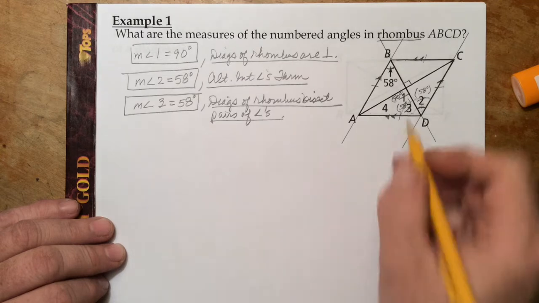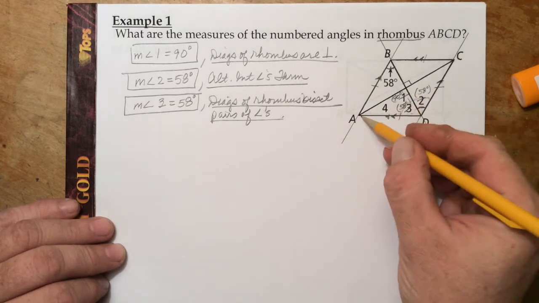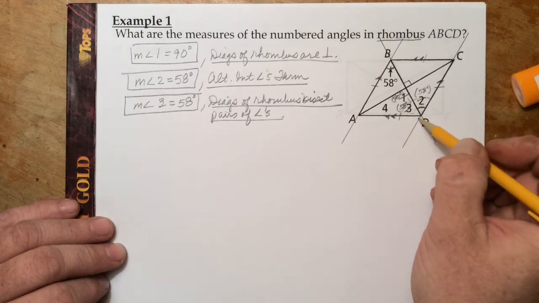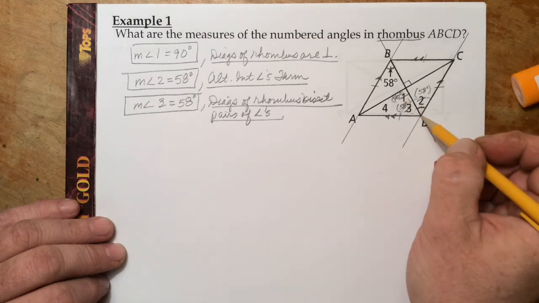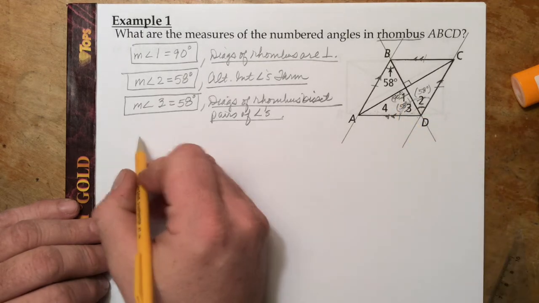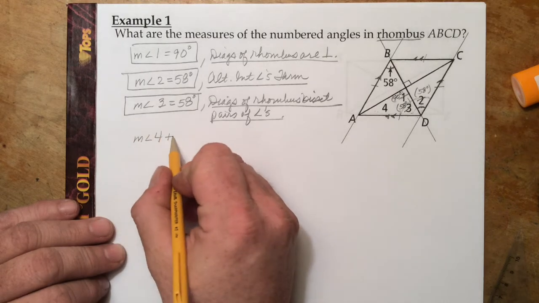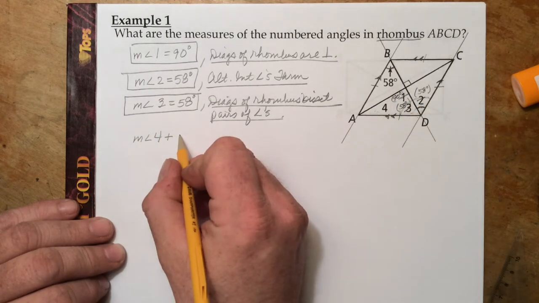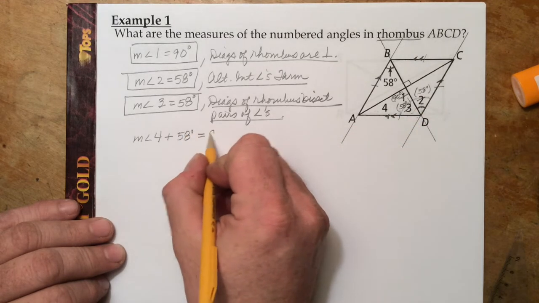And then finally moving on to angle 4, notice that now that we have angles 1 and 3, we've got this triangle right here. It's a right triangle, so we can use the triangle angle sum theorem, or because it's a right triangle, we can use the triangle angle sum corollary, which simply states that you add the two acute angles and you get 90 degrees. So that's what I'm going to do. I'm going to say the measure of angle 4 plus the measure of angle 3, which is 58 degrees, must equal 90 degrees.